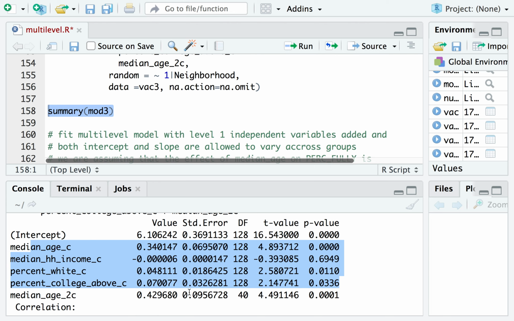Now, this is a really great feature of multi-level modeling, that you can include these sort of characteristics. In this case, you find that it's significant.